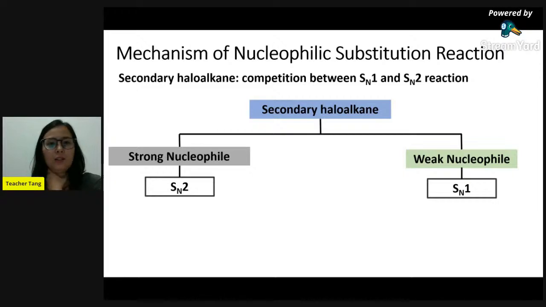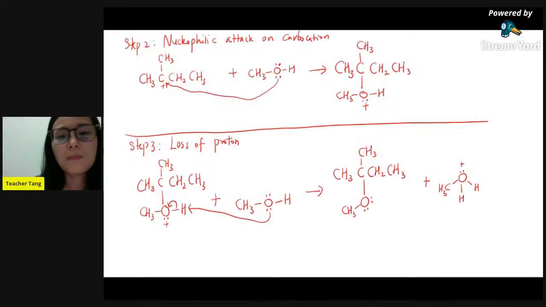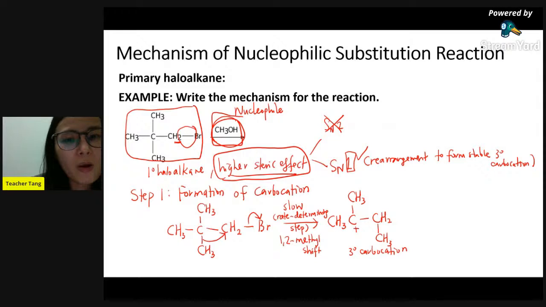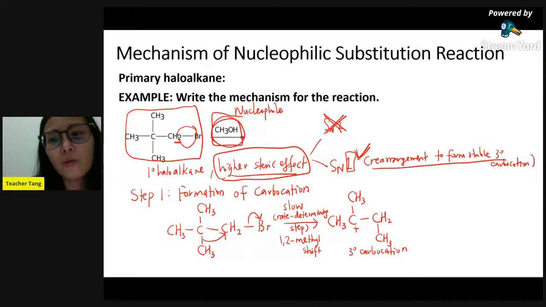So now we move on. What we can summarize is that a primary haloalkane can undergo SN1 or SN2, but if there is high steric effect it cannot undergo SN2.